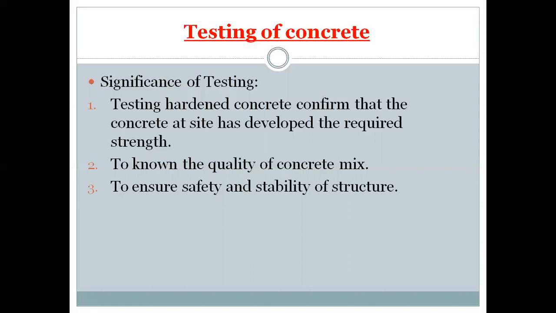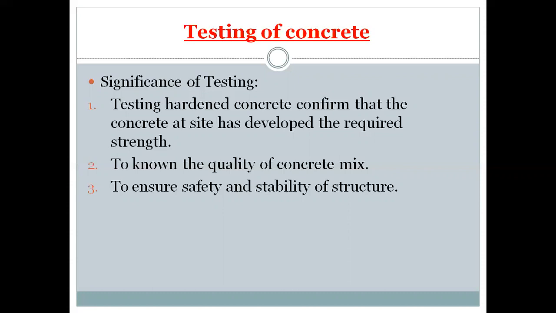To check this, that is whether the concrete at a site has the required strength or not, we have to follow the testing of the concrete.